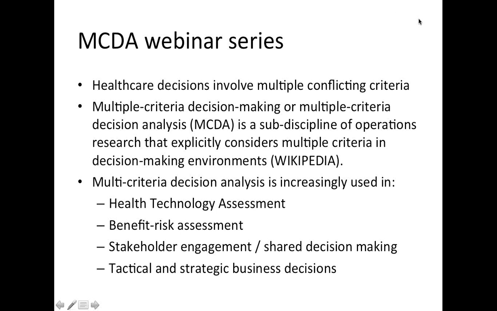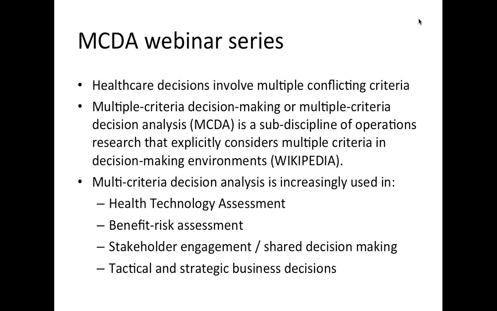So we've done quite some work on MCDA. And today we've seen a steady growth in use of MCDA approaches in healthcare. So we've seen different applications in health technology assessment, to guide reimbursement decisions and to consider the different factors involved in making these decisions. We've seen some studies on benefit risk assessment.